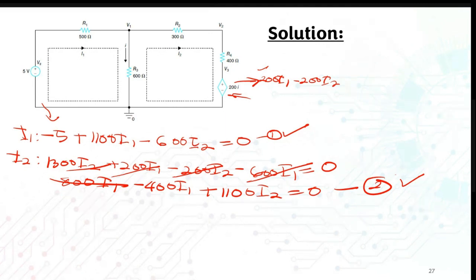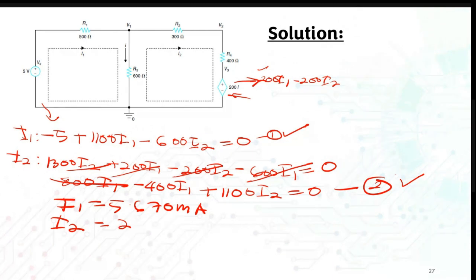When you calculate, you can solve these two equations using, I think the easiest way, the elimination method. Then you get I1 equal to 5.670 milliampere, and I2 equal to 2.062 milliampere.